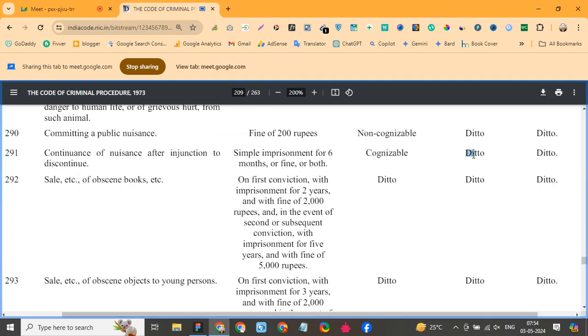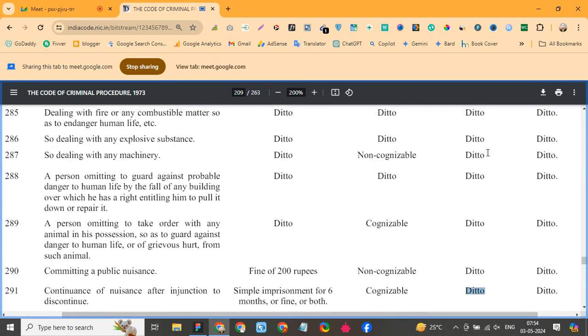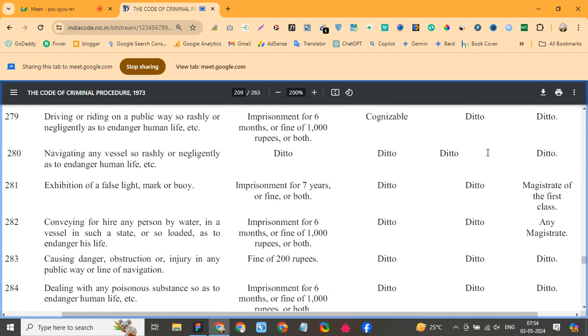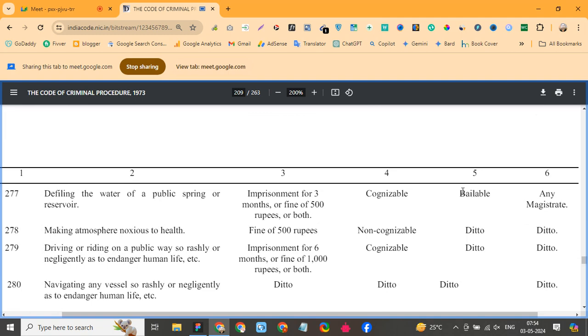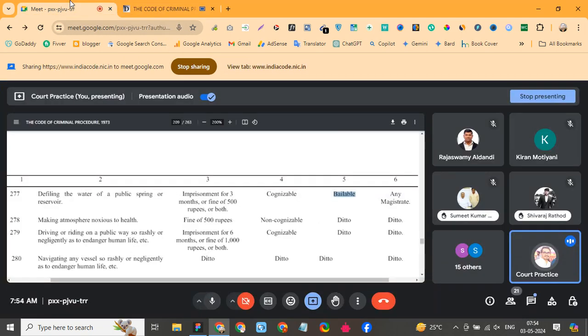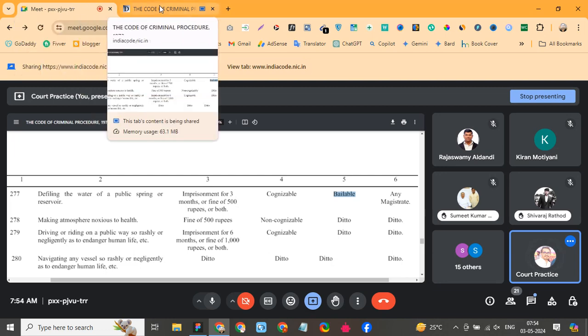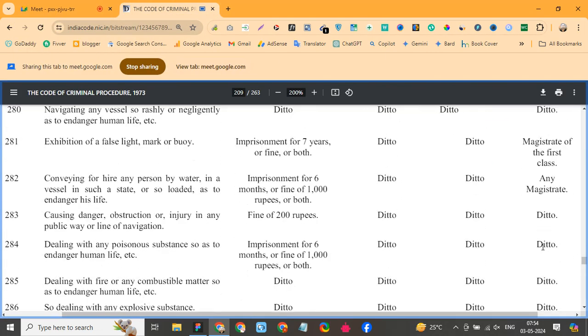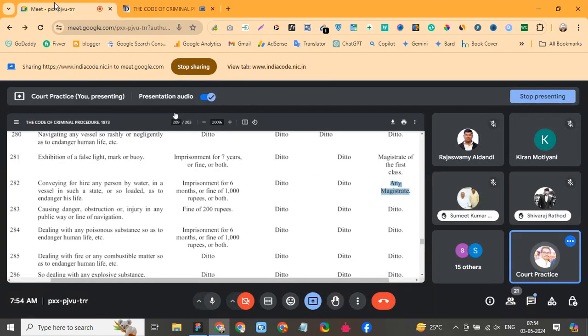Then in the next part, if ditto is there, again we have to move the cursor. It is bailable in offense. I mean, in this particular type of offense, bail is a right of that particular accused or the offender. And the last part, that matter is triable before any magistrate, under which the court is competent over there. So likewise we can read it as a particular section.